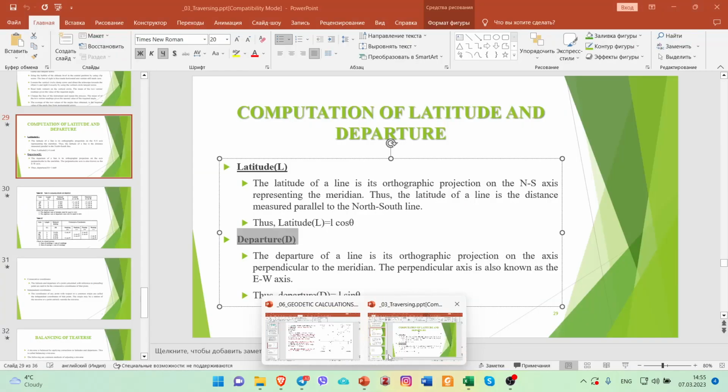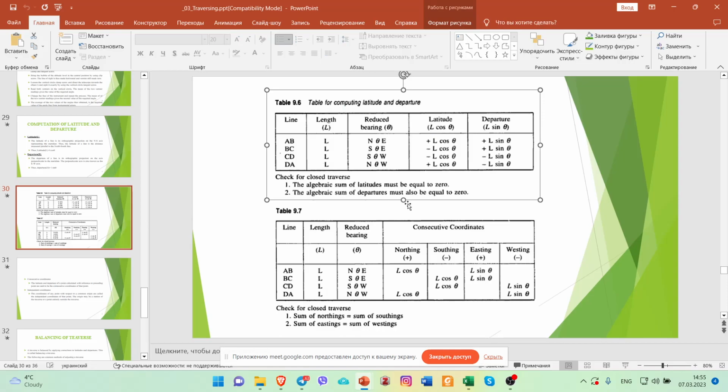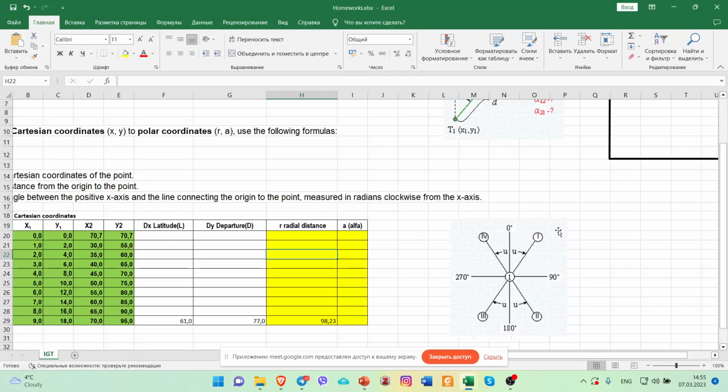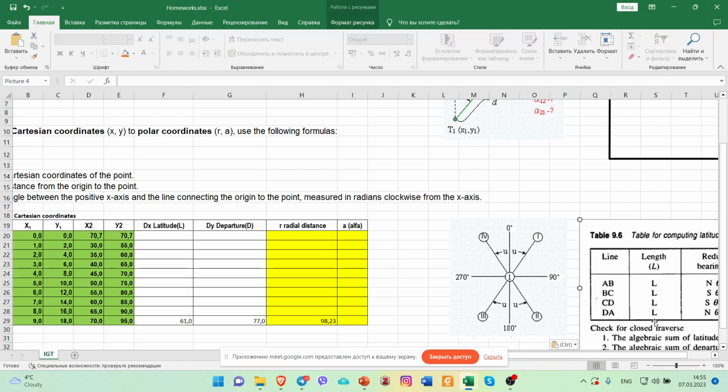Also, we can use this explanation table: what formulas should we use in different cases for computing latitudes and departures? We also can use this help table.